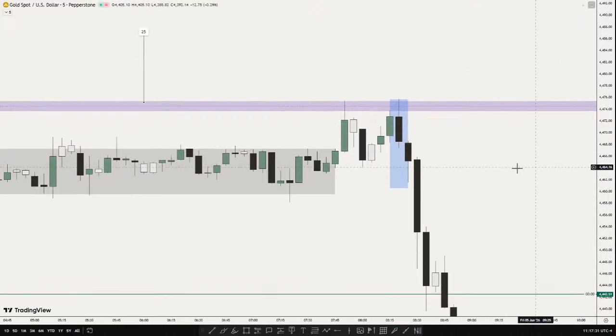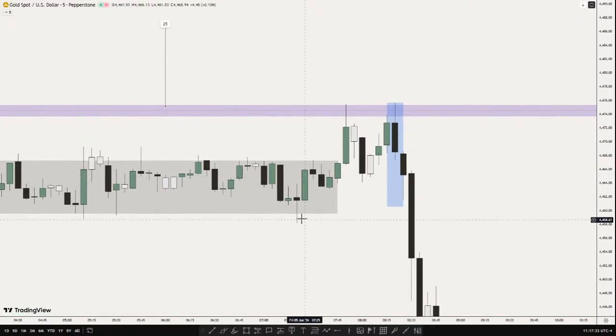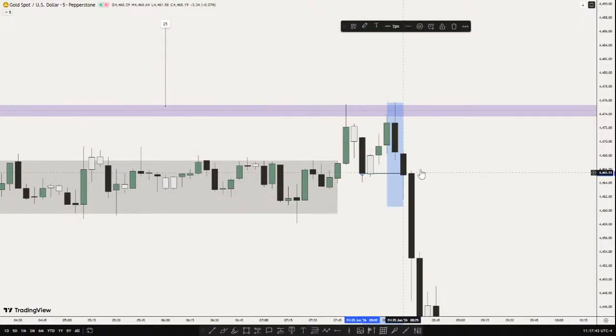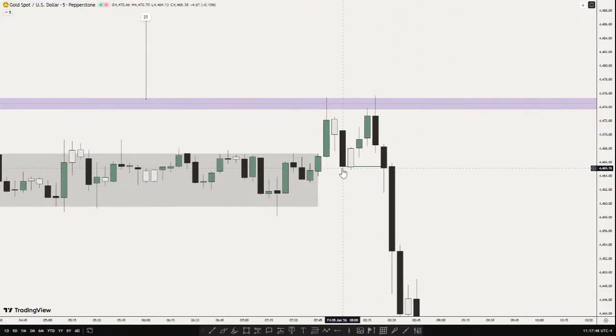And now if we look at the 5-minute time frame, we have 1, 2, 3, 4, 5, 6, 7, 8, 9, 10, 11. So this was the 11th candle that did the CSD, and then I executed the trade here. After we had the SMT, and then we had the 5-minute CSD here.